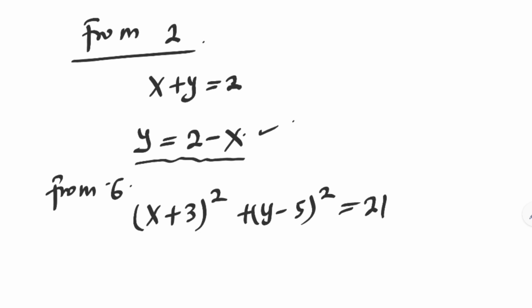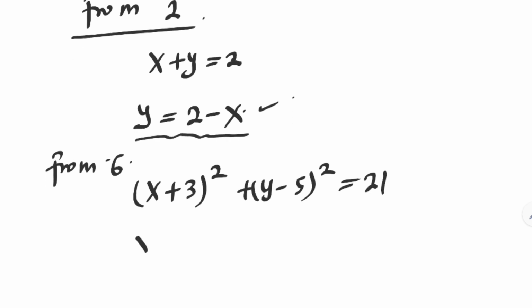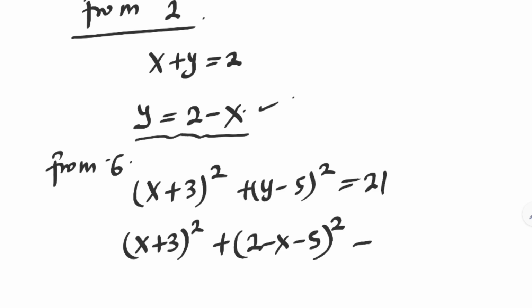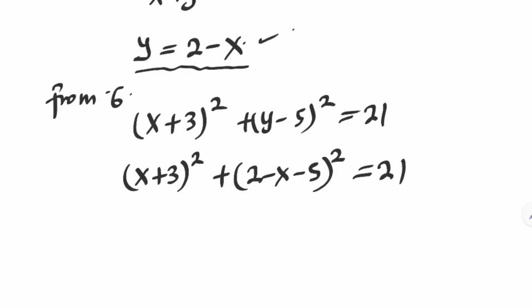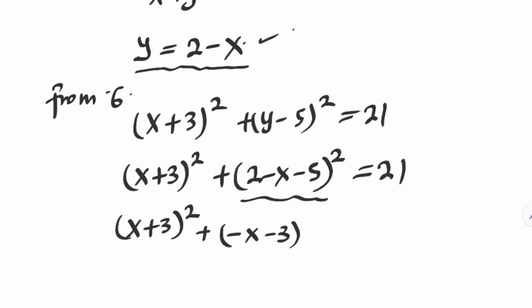Then if you substitute y is equal to 2 minus x, we have (x plus 3) all squared plus (2 minus x minus 5) all squared is equal to 21. (x plus 3) all squared, then plus (minus x minus 3) all squared is equal to 21.